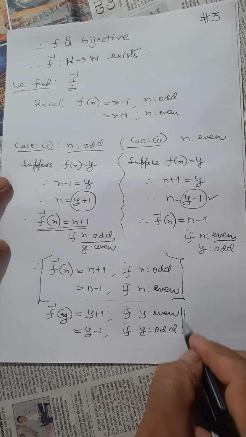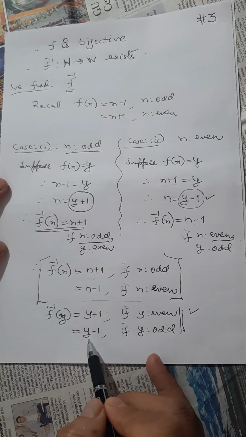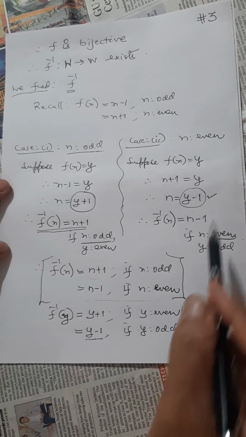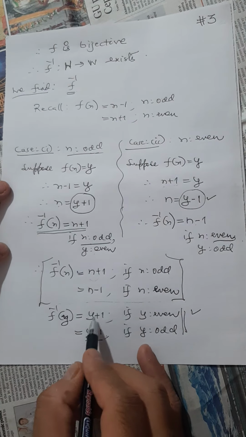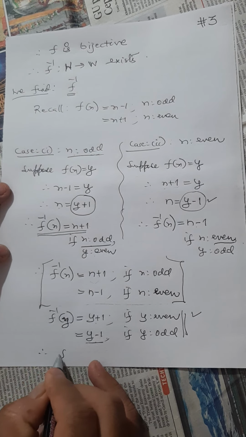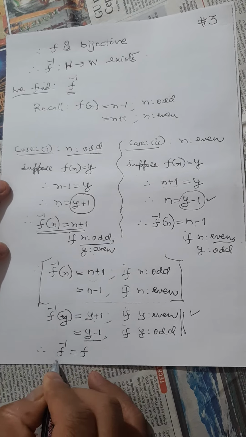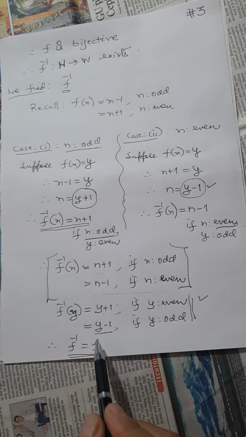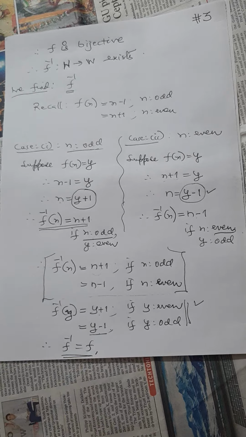Now you look, this is the same as the given function. If odd number, then the minus 1 formula, even number, then the plus 1 formula. So you can say that f inverse is just f. So this is the final conclusion. So the inverse of the function is itself here.